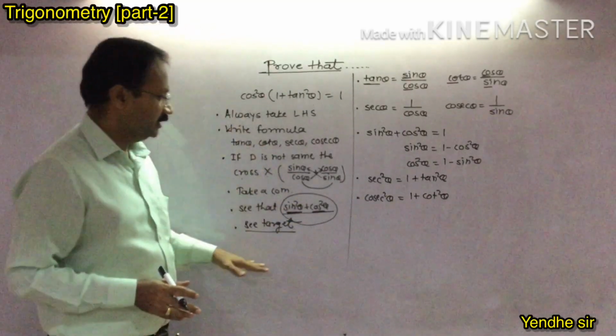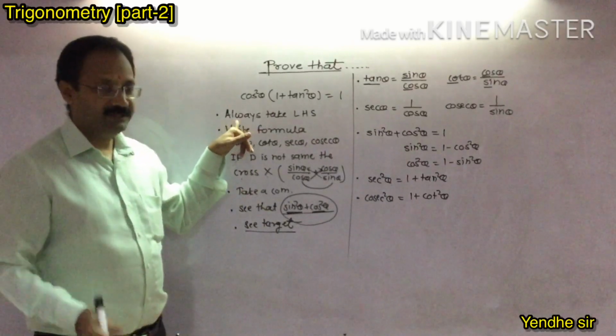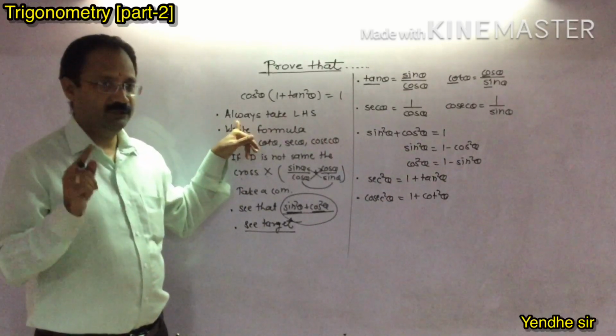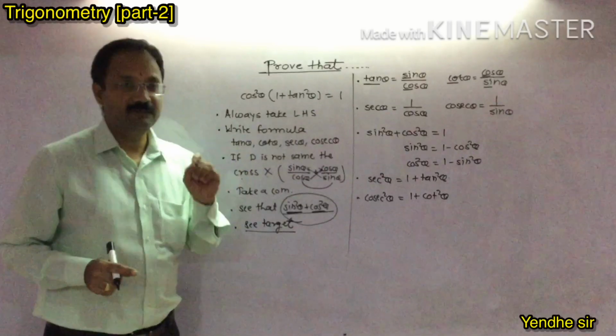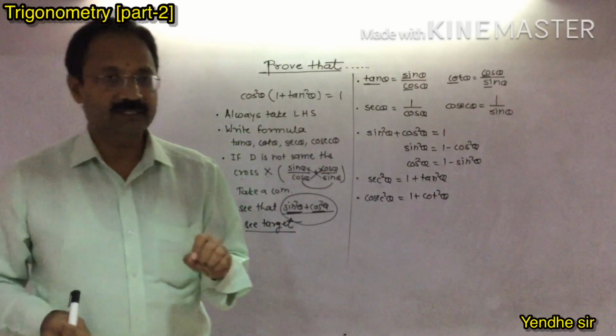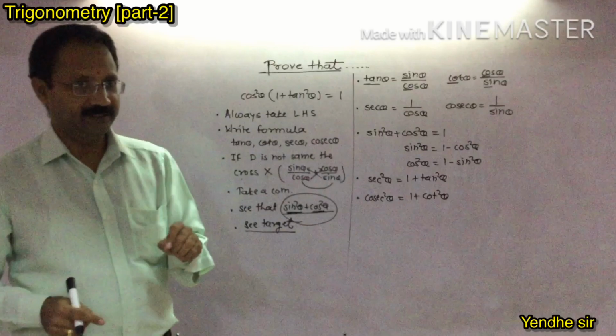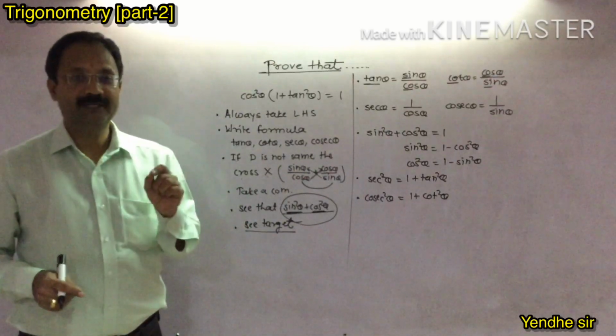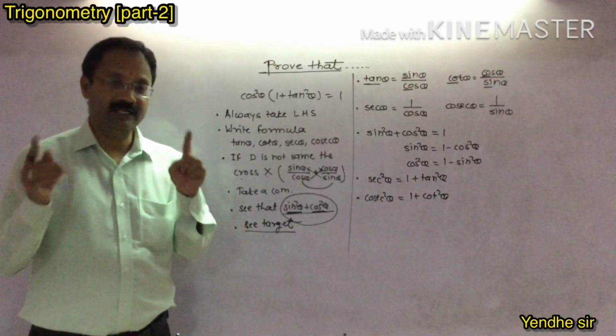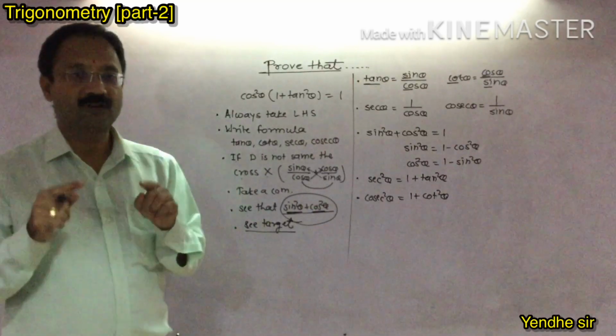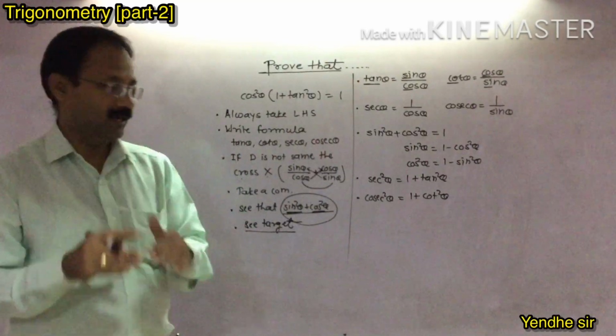Now let me tell you once again. Always take LHS, the left hand side. Then write the formula of tan theta, cot theta, sec theta and cosec theta. Third, after writing the formula, if the denominator is not same, then you have to cross multiply.